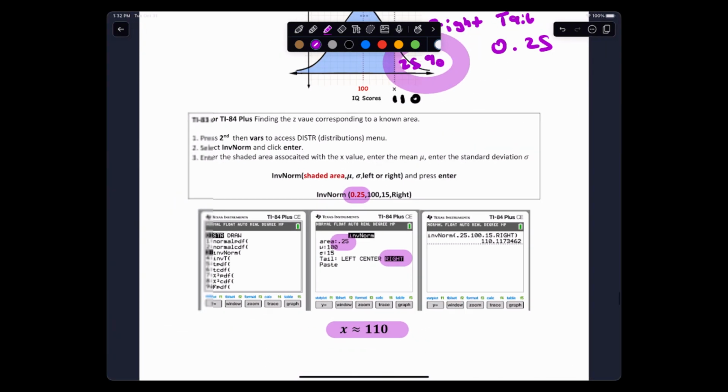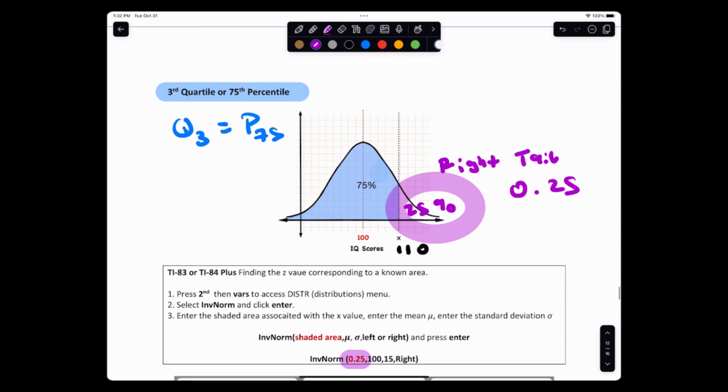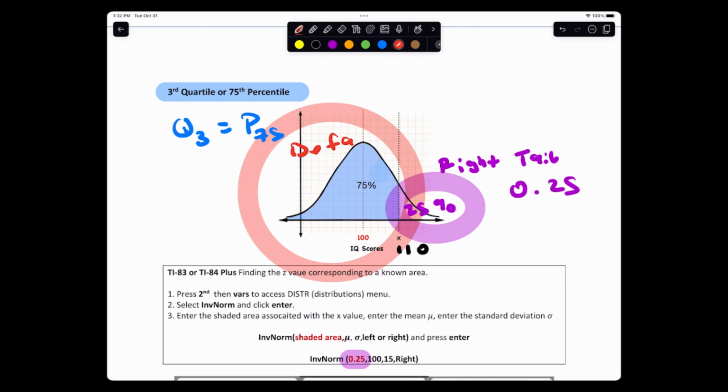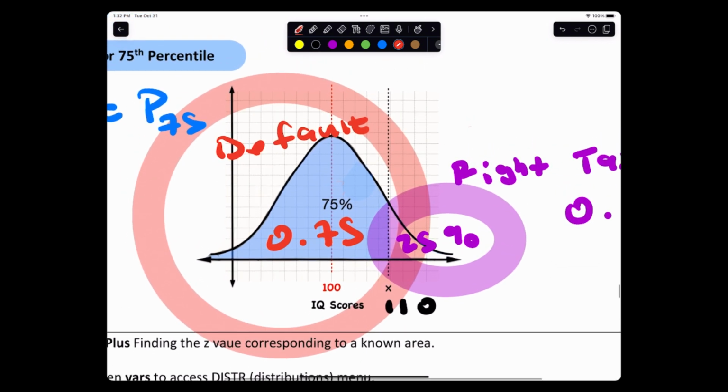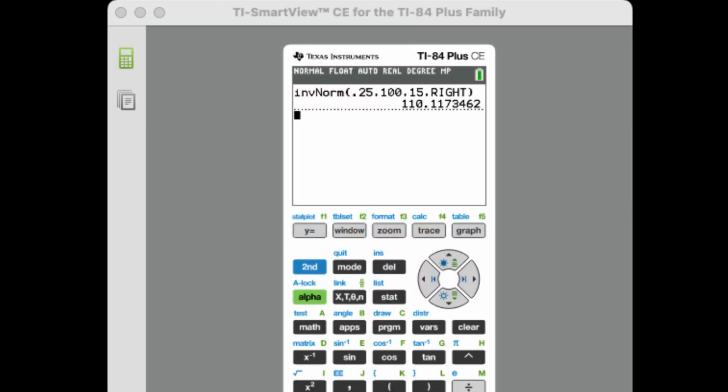But if you said, what do I do with the default? Well, area to the left of that number, that's the what? The default number. Yeah, 75%. You guys see that there? Area to the left of this number. So if you had the other calculator, we'll switch the mode.